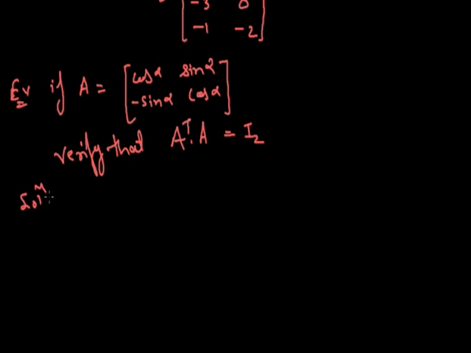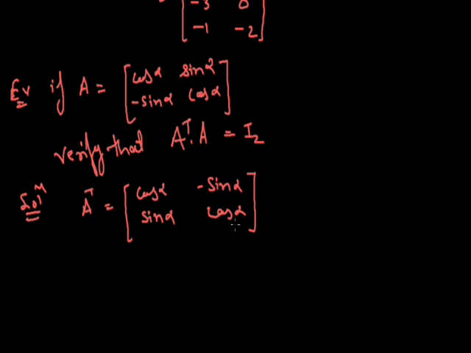Now the solution. The A transpose is [cos alpha, -sin alpha; sin alpha, cos alpha]. Now the A transpose is multiplied with A.